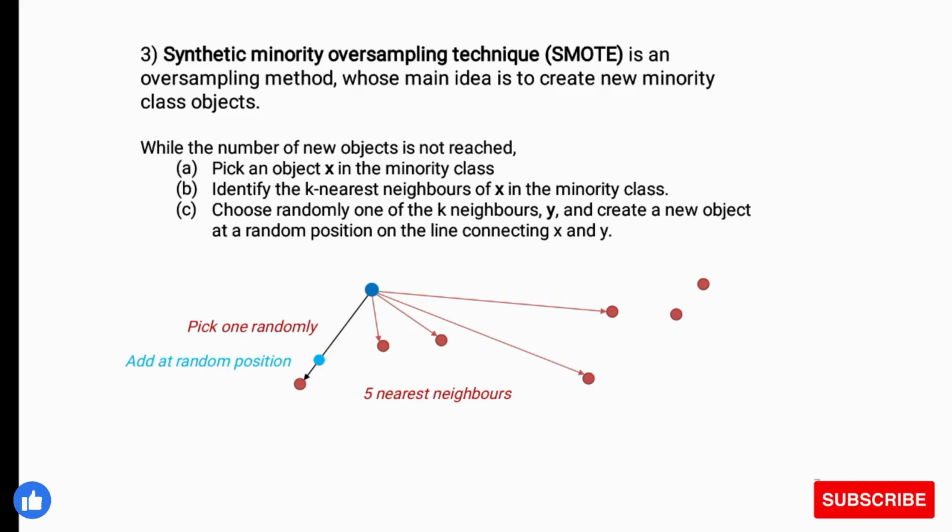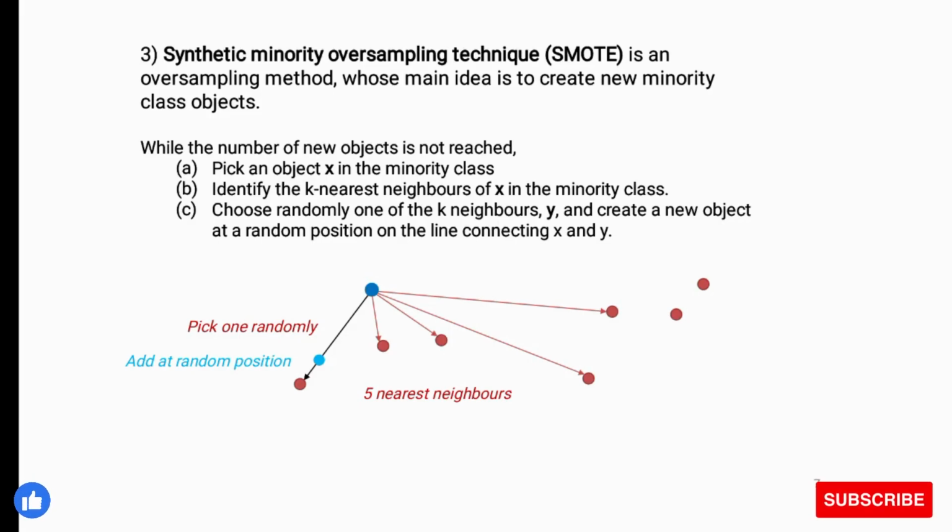I'm not losing any information because I haven't thrown any structural information away from the majority class. I'm just balancing up the number of objects that I've got with new data from the minority class that looks the same.